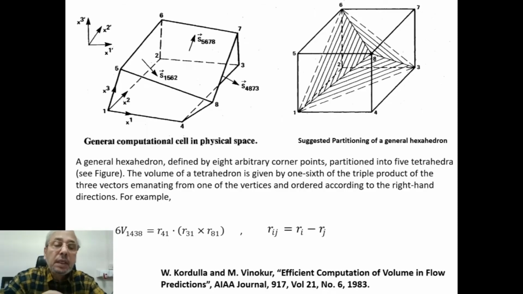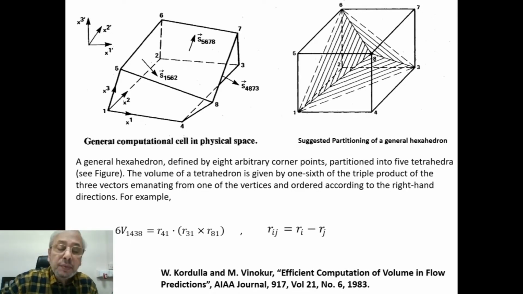Now we'll discuss how to calculate the volume of hexahedrons and the volume of tetrahedrons.